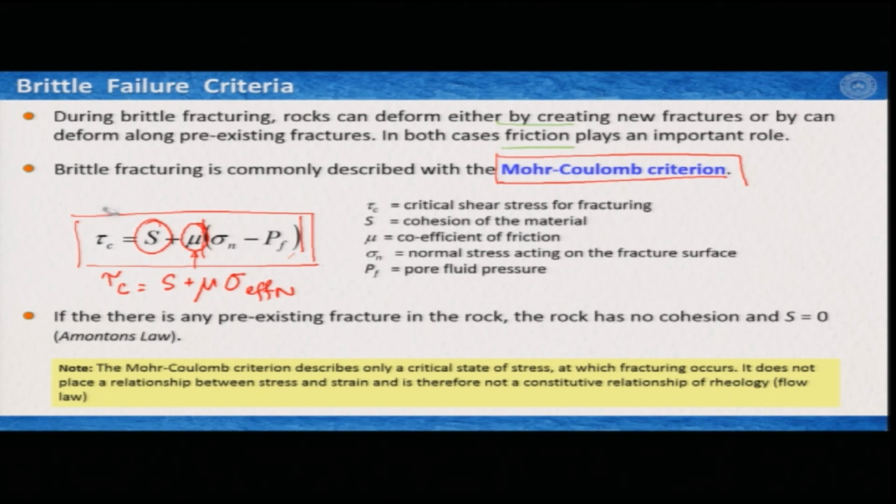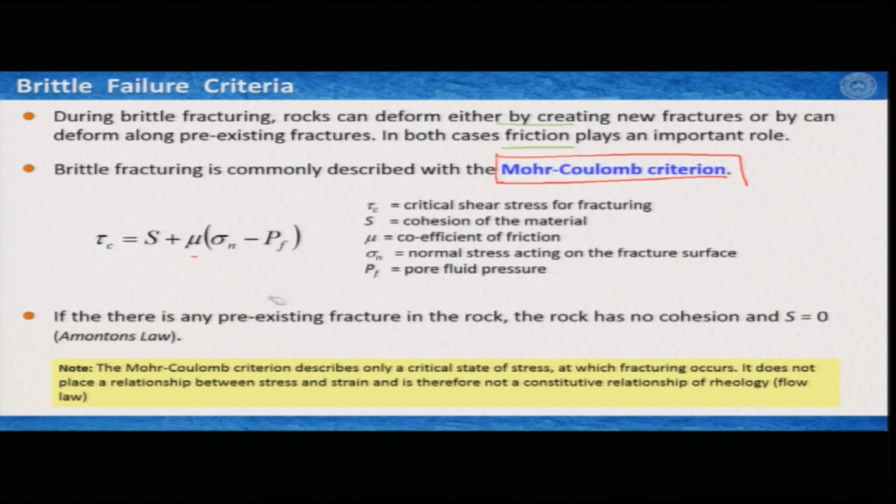I also tell you that this equation is one of the most important equations in brittle fracturing or brittle deformation and is extensively used in rock mechanics studies. And I repeat, this is known as the Mohr-Coulomb failure criteria.